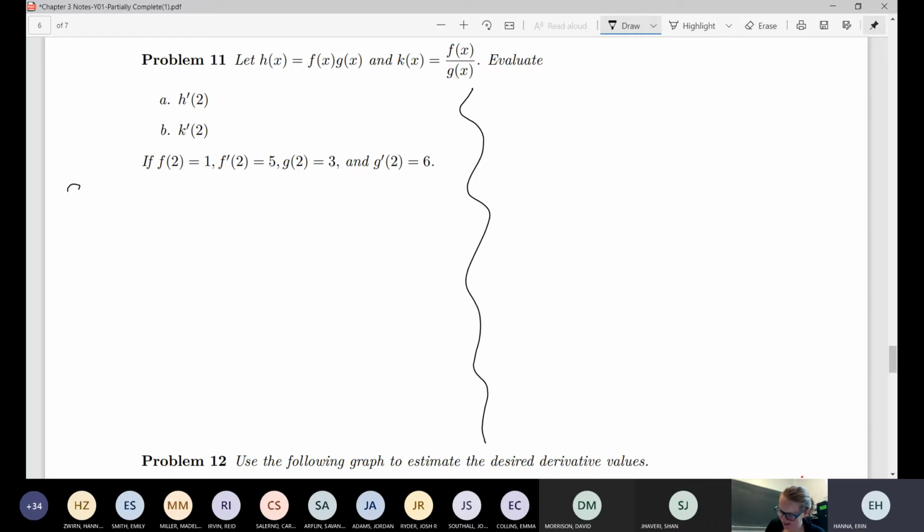So the first one we're asked to do is to find the derivative evaluated at 2 if the original function is a product. Now, maybe I should change these to different letters in future semesters. It doesn't matter whatever letters these are. This one is nice because they're F and G, so they follow the exact layout that we wrote as our product.